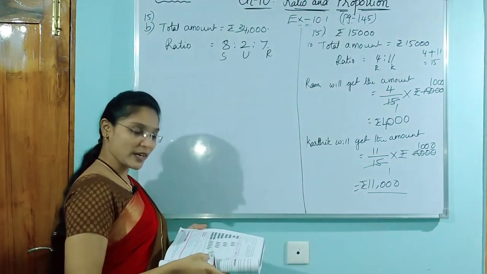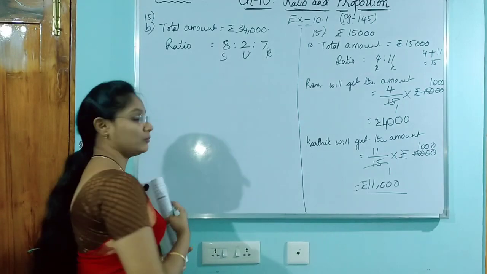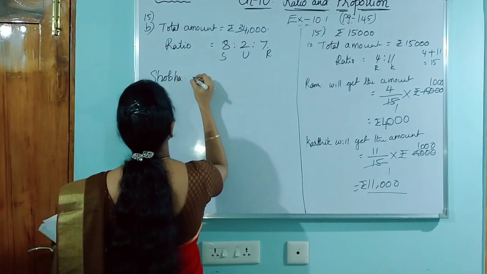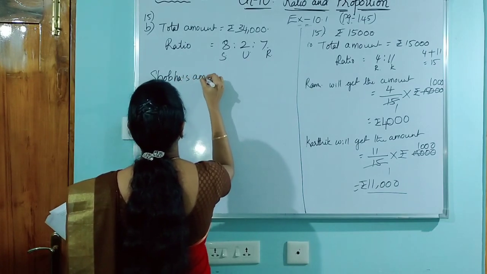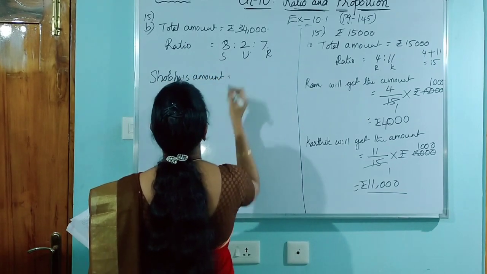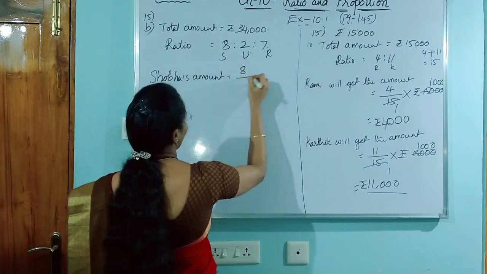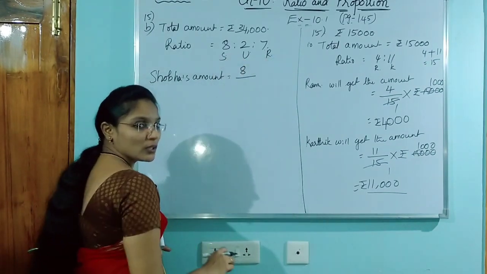Now first let us find out Shobha's amount. Okay. Shobha's amount. Shobha's term is 8 by sum of the terms.